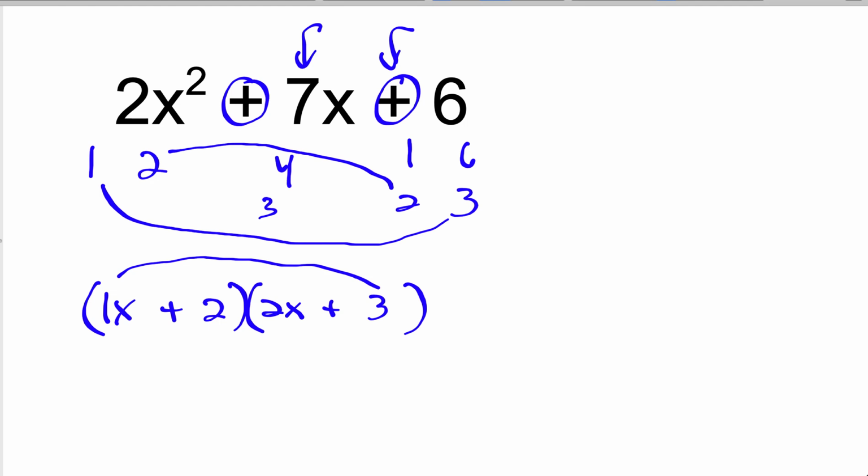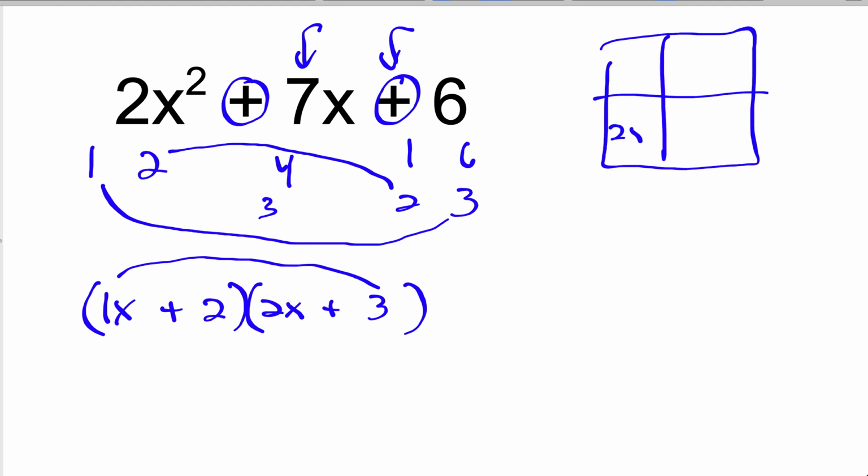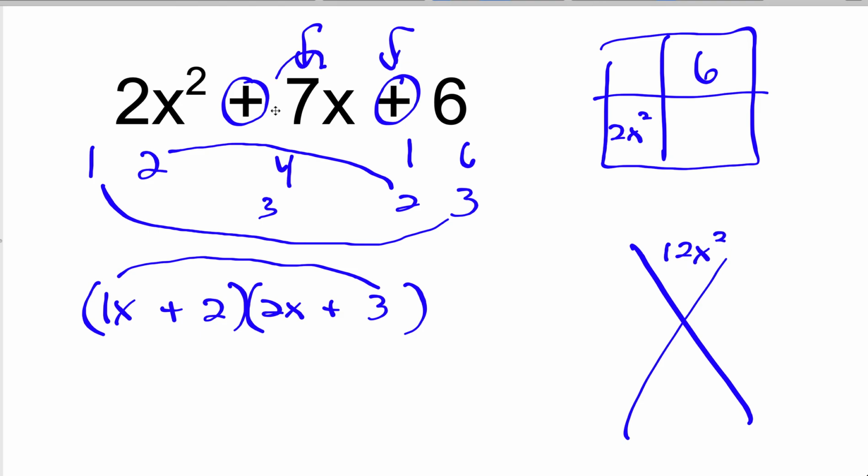If I did it the other way, here's my box. I have 2x squared and I have 6. Multiplied diagonal, that's 12x squared. Middle term drops in, 7x. What multiplies to be 12x and adds to be 7 would be 3x and 4x. Okay, those get thrown in here, 3x and 4x.